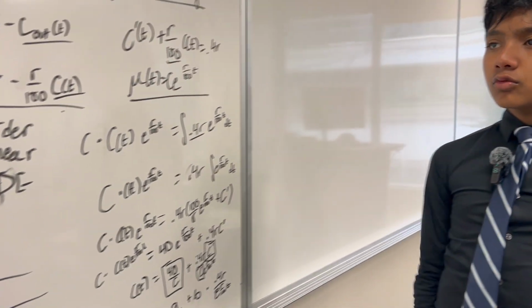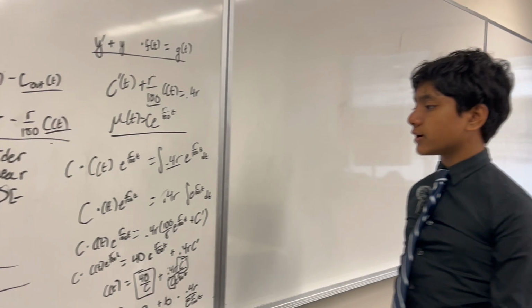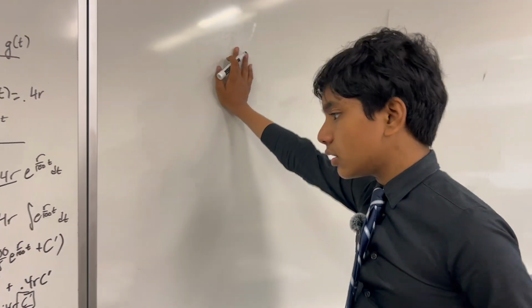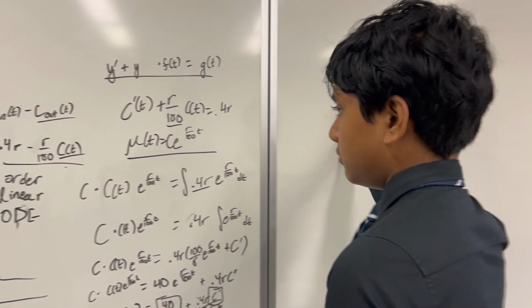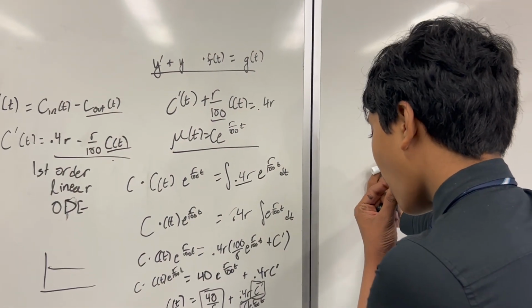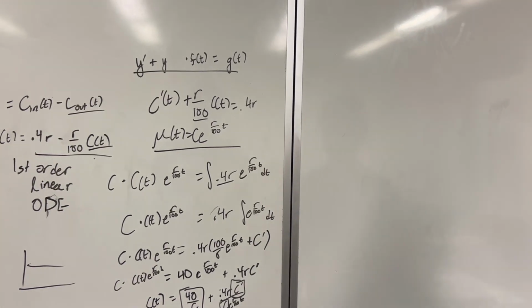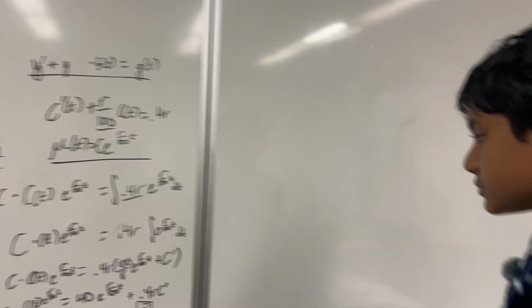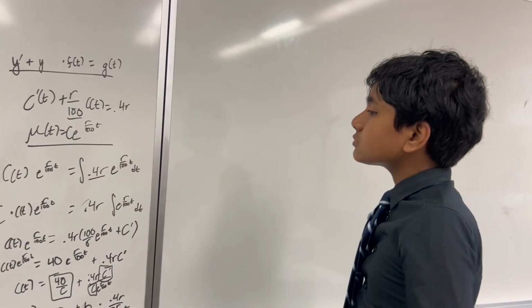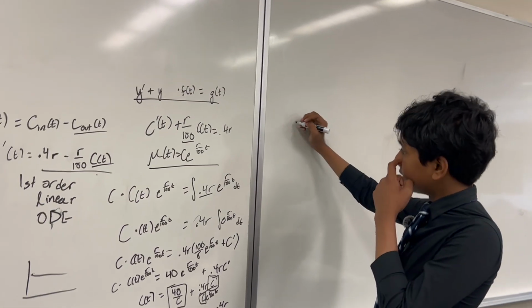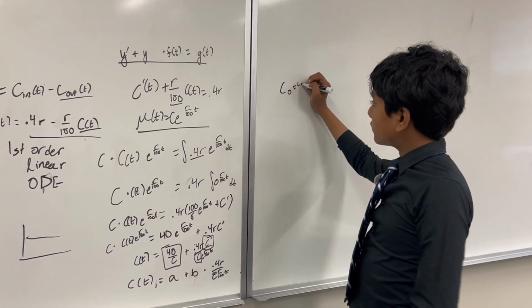So now, what is the role of the initial concentration? Well, let's figure that out. Let's say that the initial concentration C naught is 40.